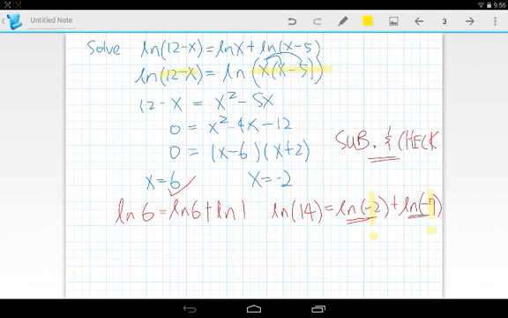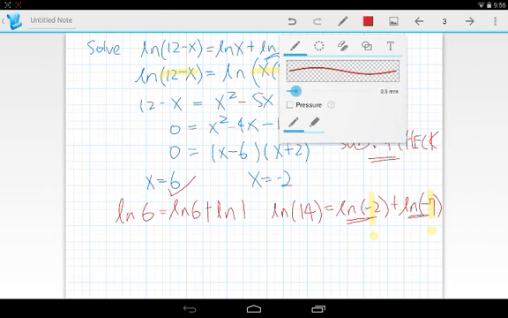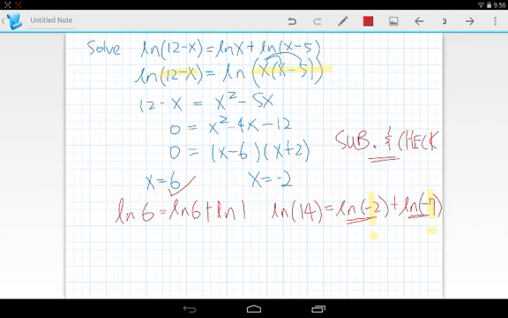It has to be a number greater than 0, a positive number. So when x is equal to negative 2, the whole thing becomes undefined. So x equals negative 2 is not a solution. My final solution is x equals 6. This is my only solution.